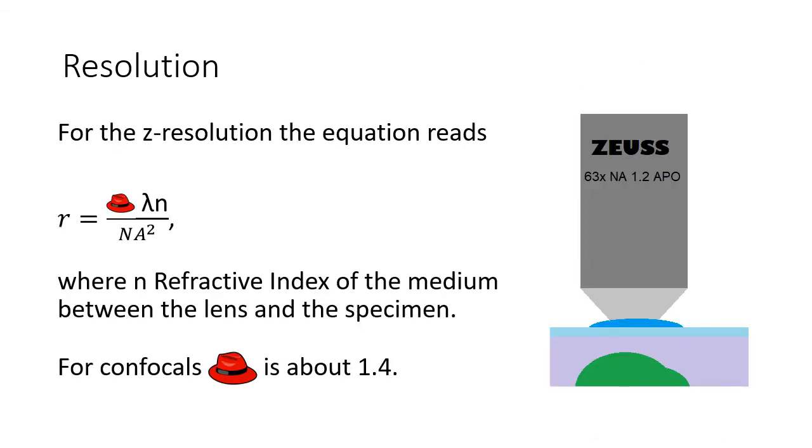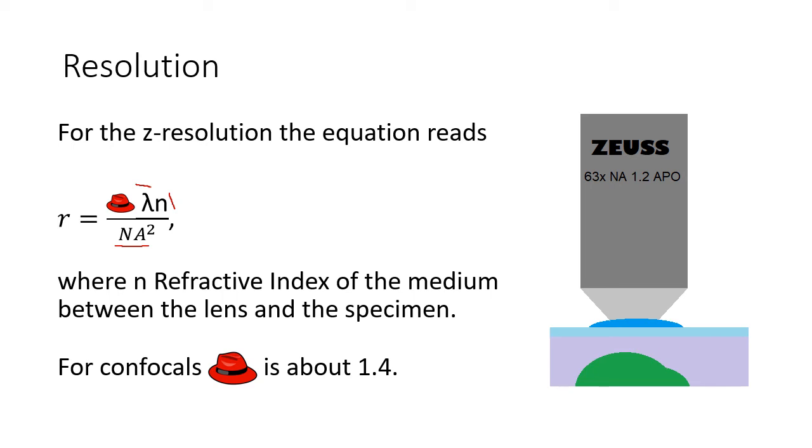You might remember that the equation we have been discussing described the XY resolution. The Z resolution, or the resolution in the direction of the depth, reads that the resolution equals a different hat multiplied by lambda multiplied by n divided by the NA to second power.